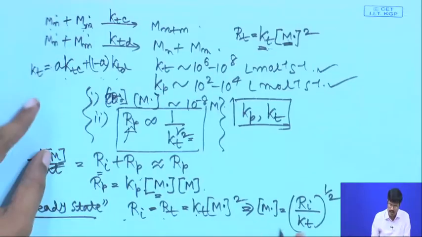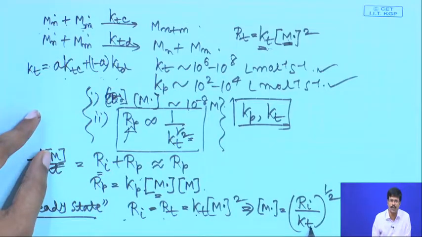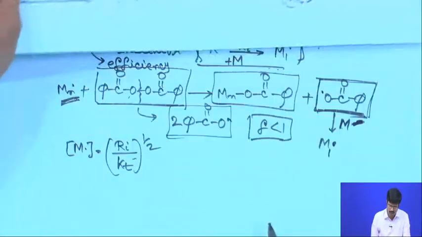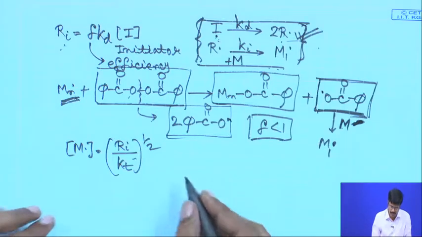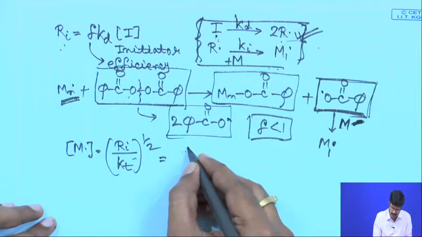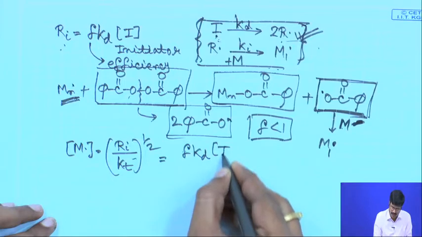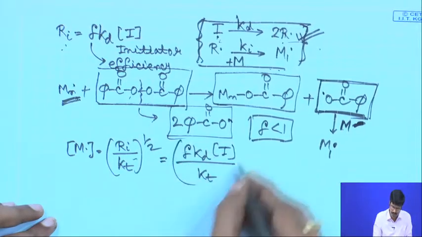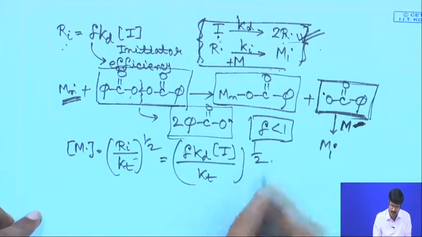Just recall, your M dot was Ri divided by Kt to the power half. So your M dot is nothing but f Kd I divided by Kt to the power half. You use these two equations.